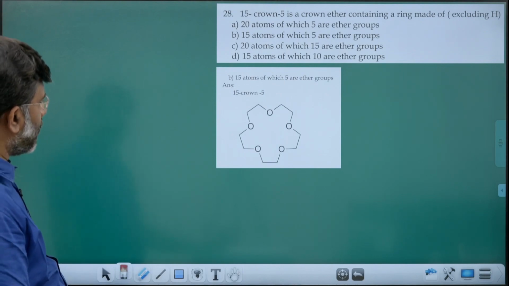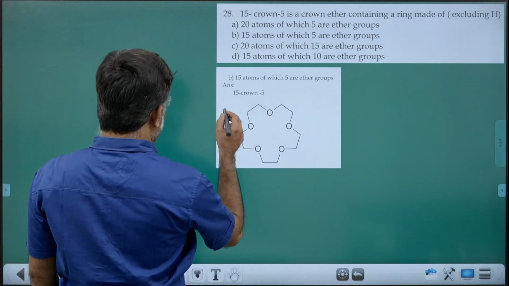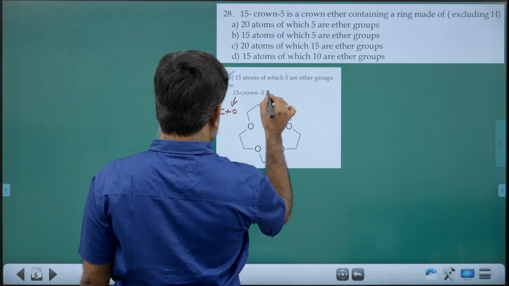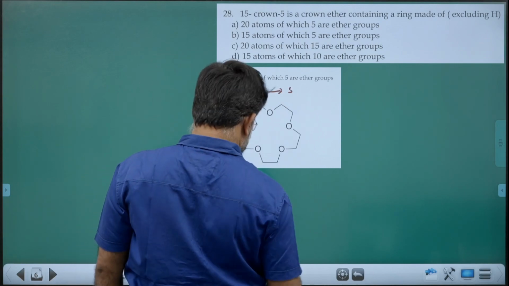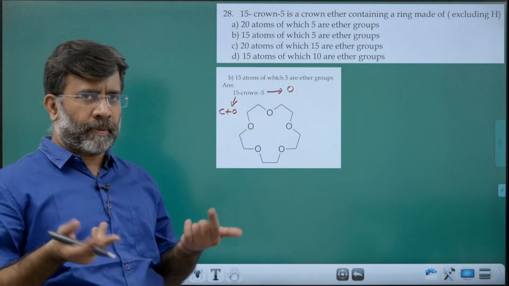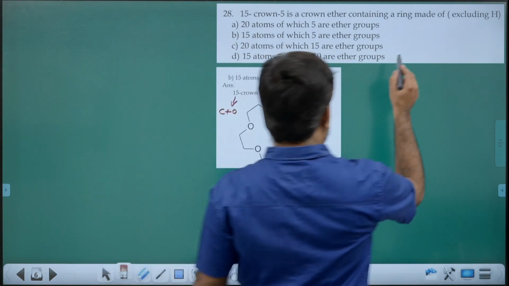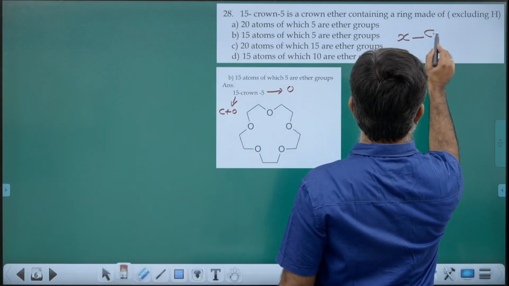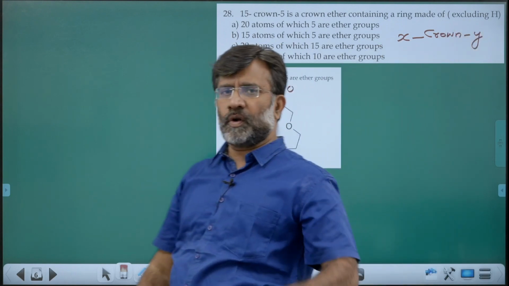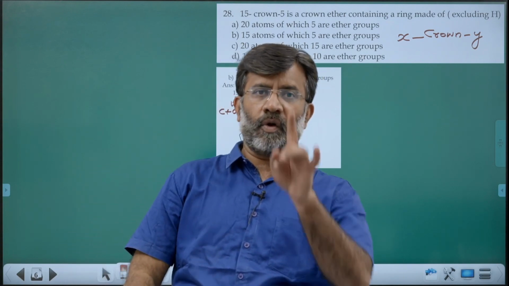What is this 15? 15 means the number of carbon atoms plus oxygen atoms, and 5 means the number of oxygen or ether linkages. It is written as X-crown-Y. X stands for the carbon plus oxygen number, and Y stands for the oxygen number.